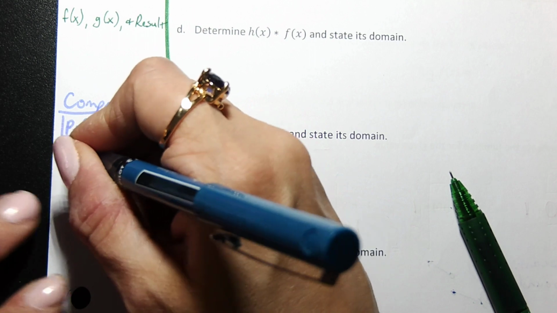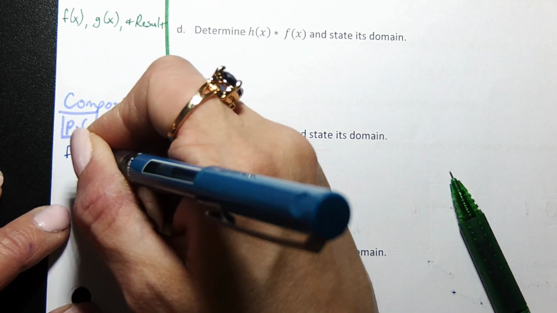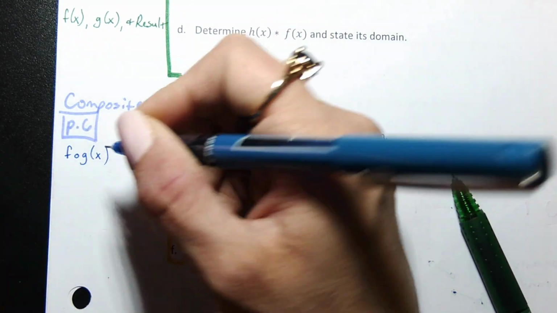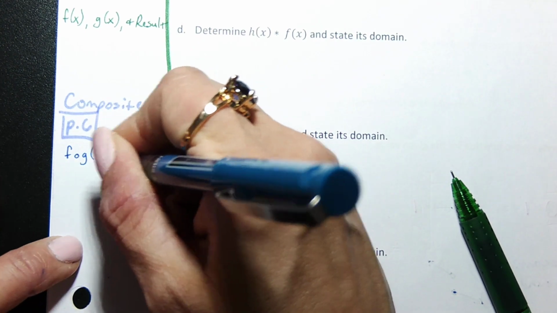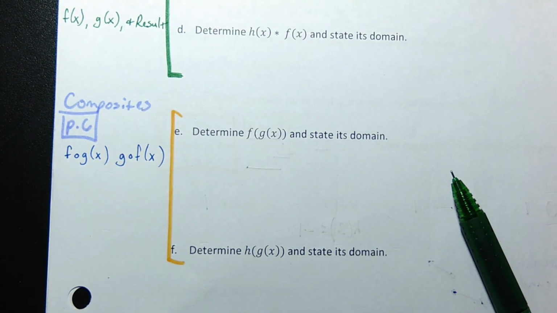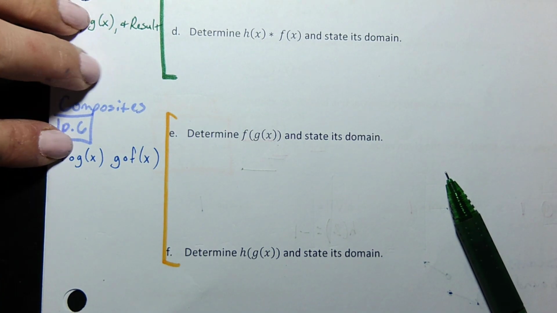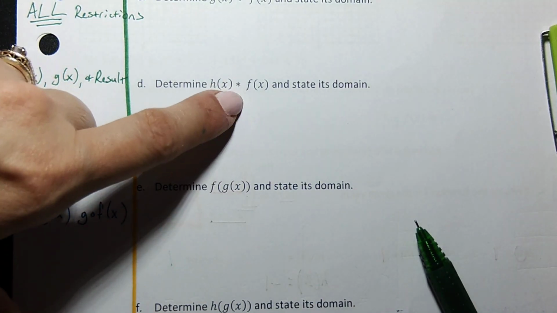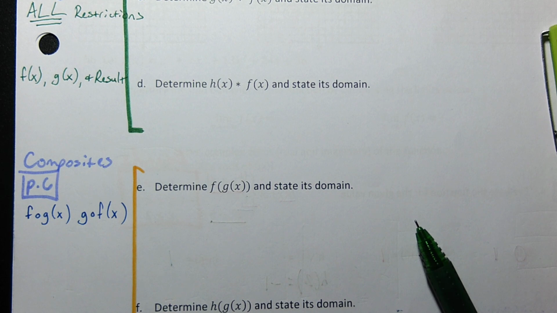We also have the f circle g and g circle f notation, which we also read as f of g of x and g of f of x. And just make sure you don't get that open dot confused with any multiplication function operations. The open dot indicates composite.